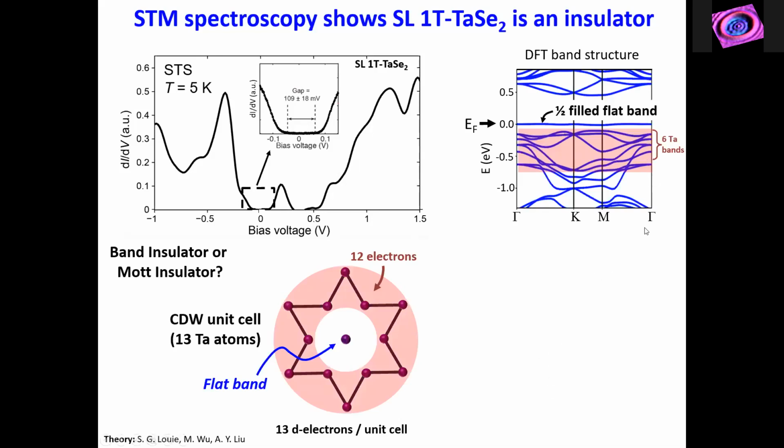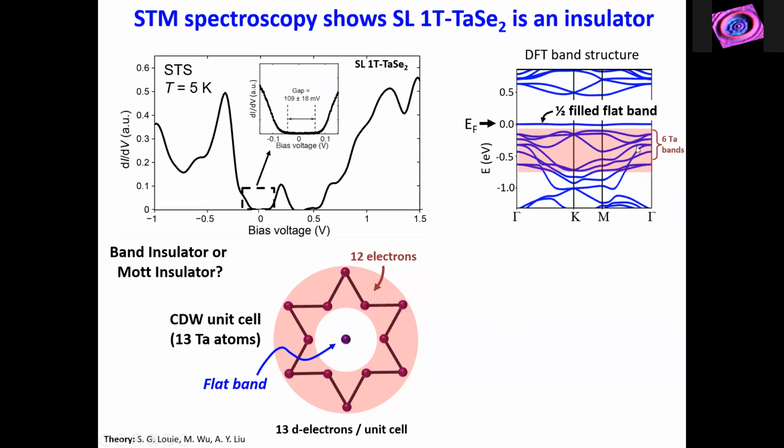Here I show the DFT band structure calculated by our theoretical collaborators, Steven Louie and his group, and also Amy Liu's group. The way to interpret this band structure is to first look at the atoms around the periphery of the Star of David. There are 12 atoms in the periphery. Those 12 atoms have 12 electrons. Those 12 electrons are going to fill up 6 bands, and those are these bands here in this band structure spaghetti.